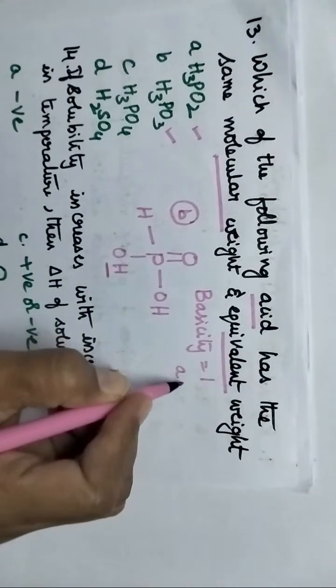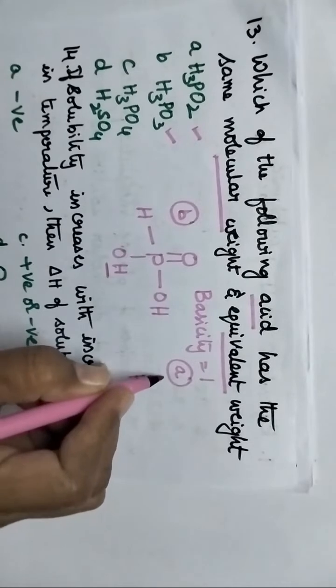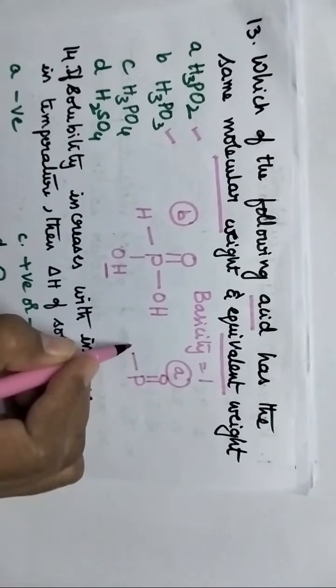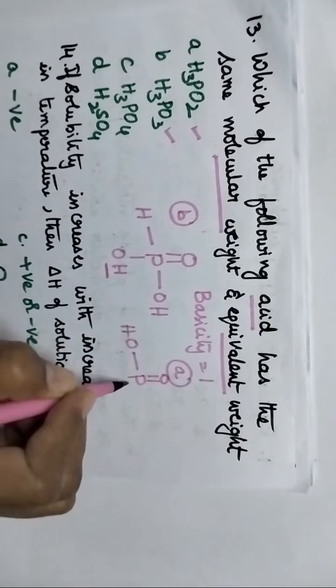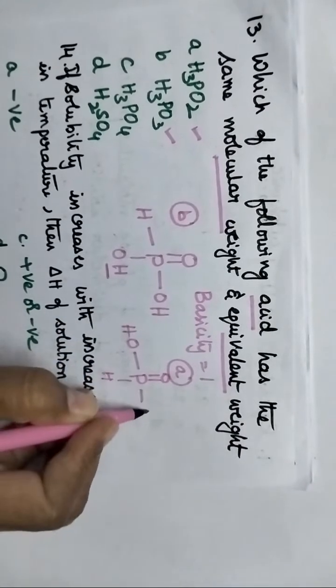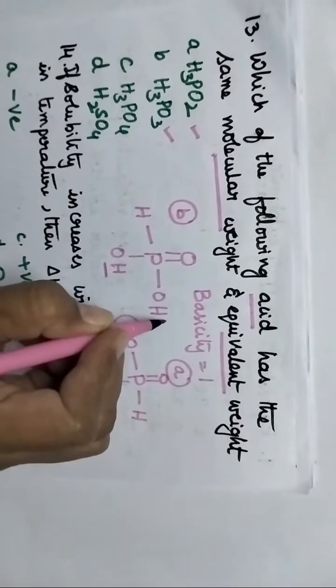Coming to the structure of hypophosphorus acid, it is P double bond O, OH, H, H. How many hydrogens? Here we can replace only one.